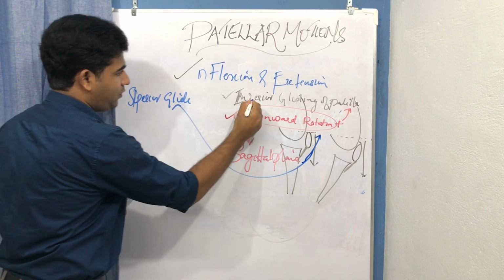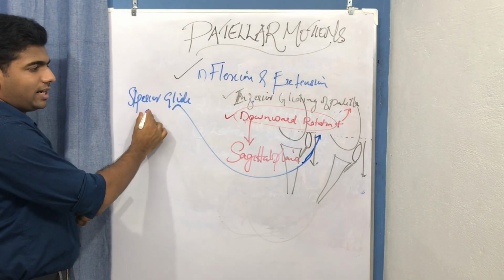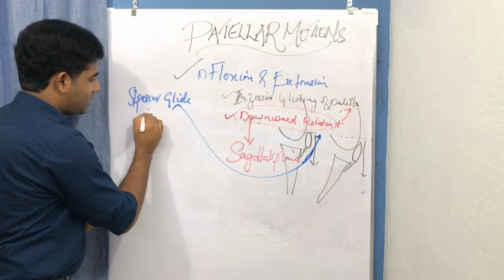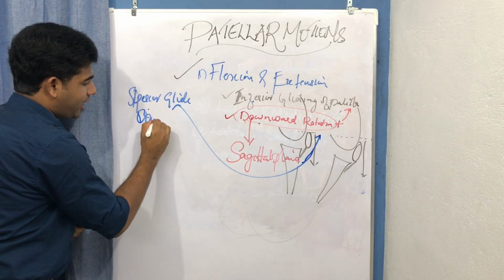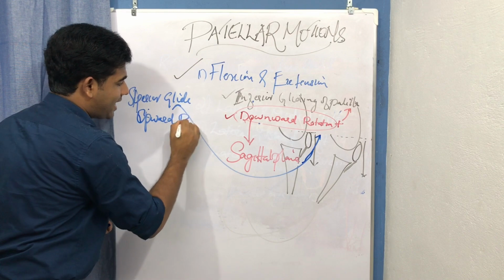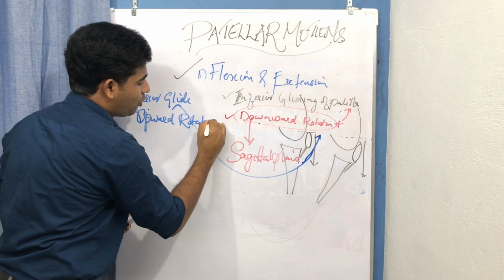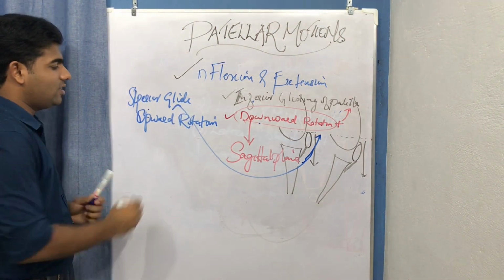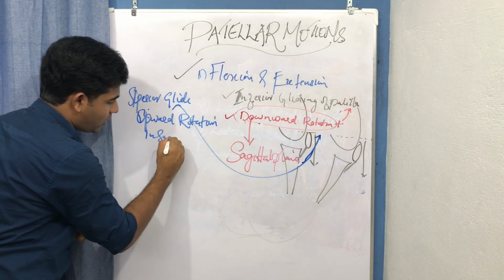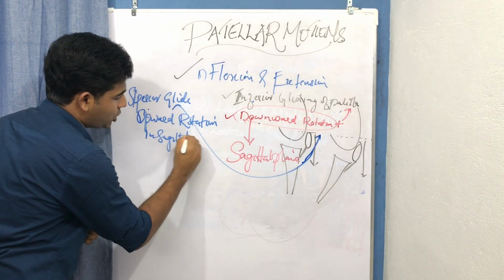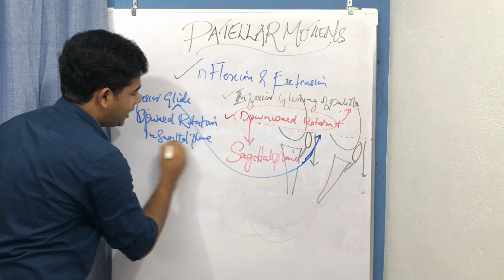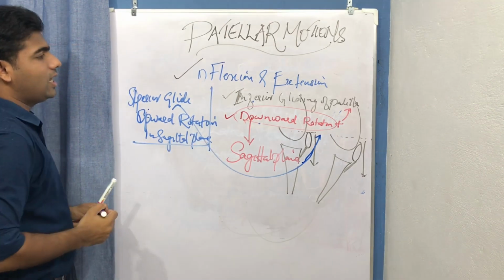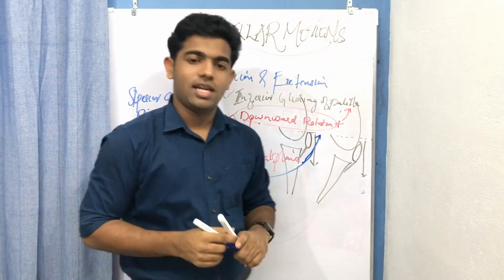If it is inferior, the opposite is superior glide. This is downward rotation, that is the upward rotation. Superior glide plus upward rotation of the patella in the sagittal plane is known as patellar extension.